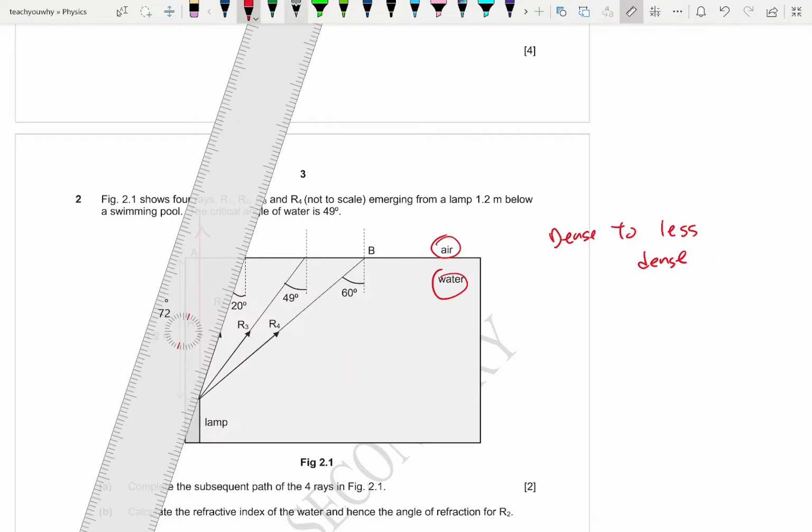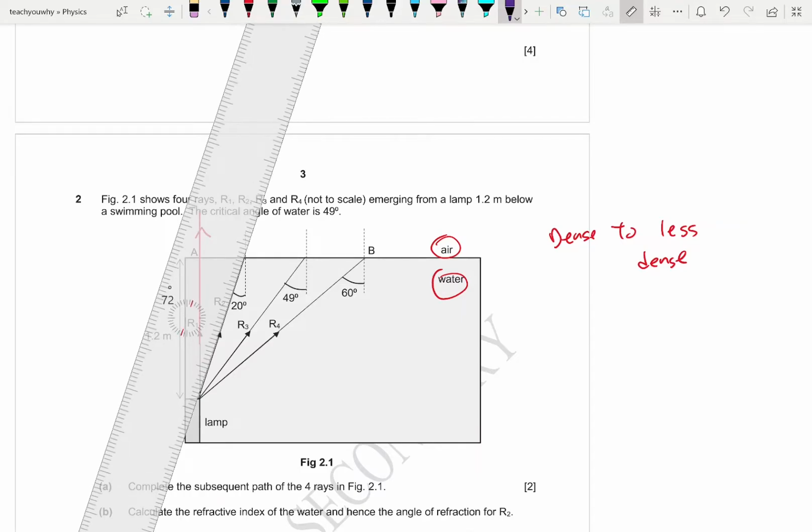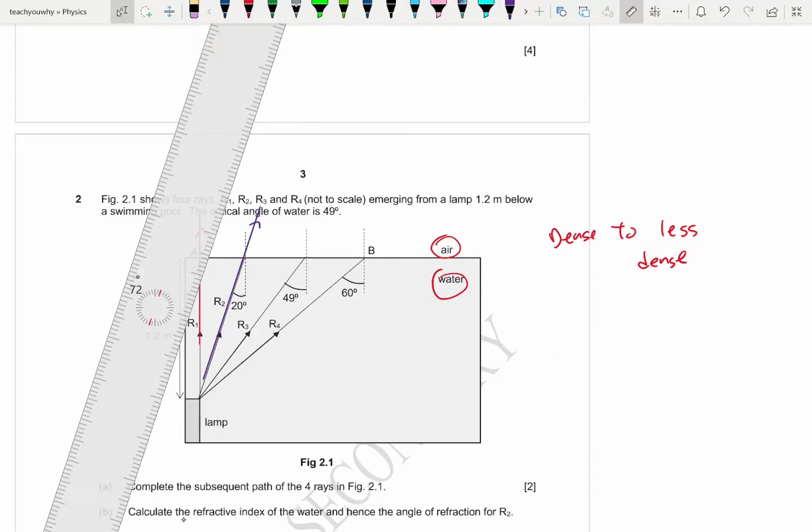I always get this kind of question, and how do we tell that it's away from the normal? First, we draw a line, this purple line, showing how the light ray would travel without considering refraction. If there is no refraction, the light ray will just come out straight along the purple line.